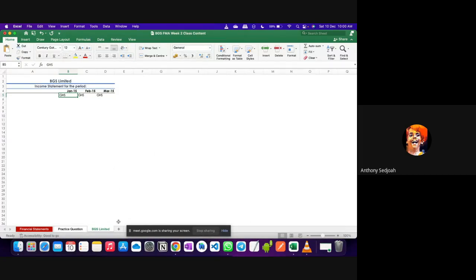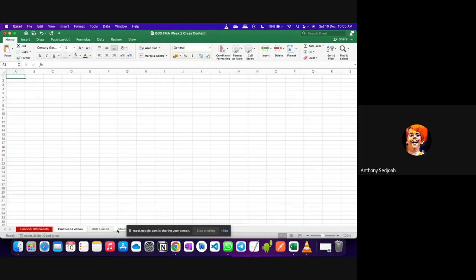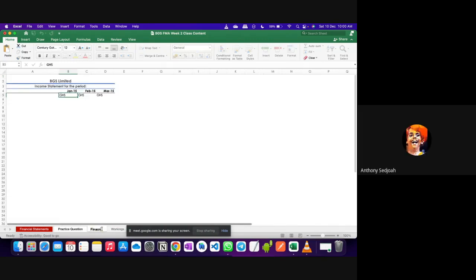So what I want us to do is to create another sheet for our workings. Okay. So you can name this sheet workings. And then we'll name this one financial statements.